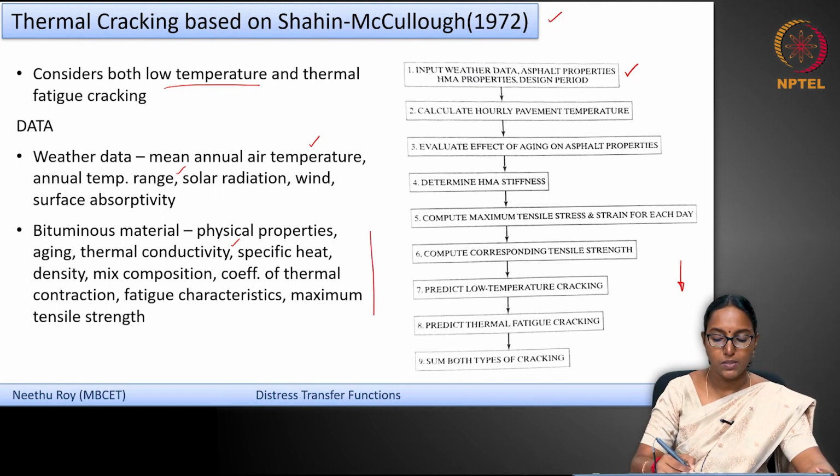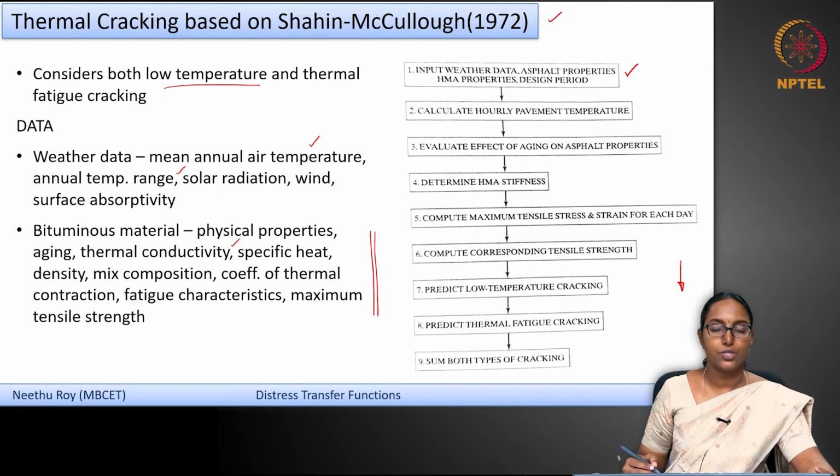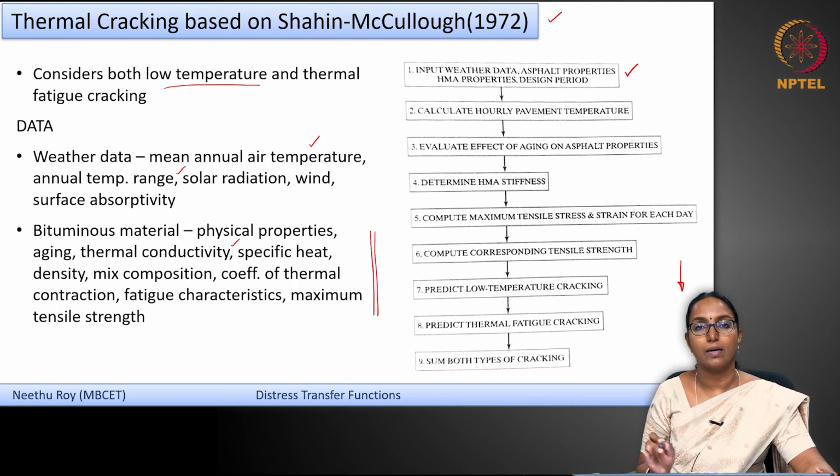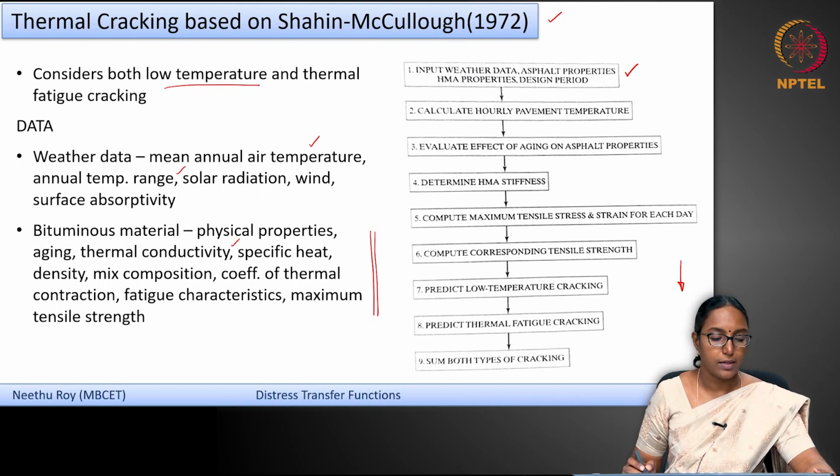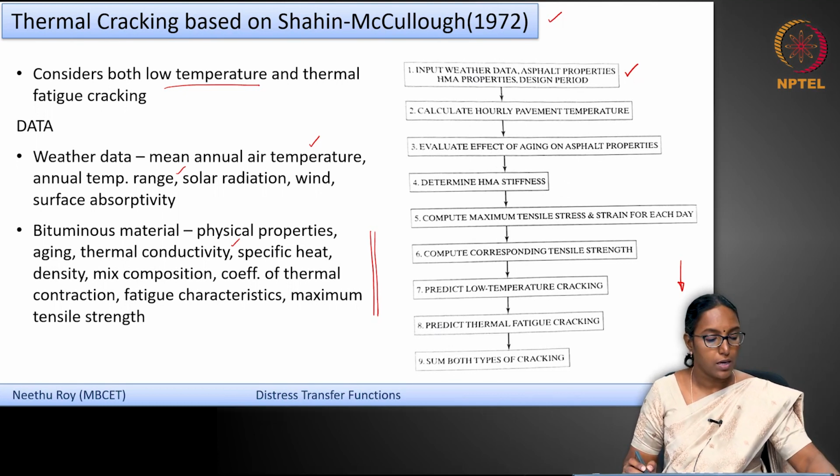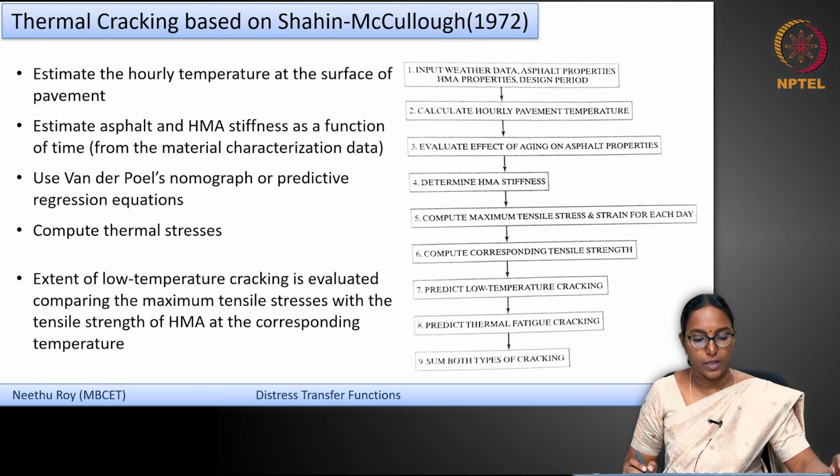All these come under the material characterization part, which is related to low temperature cracking. This information has to be given as an input.